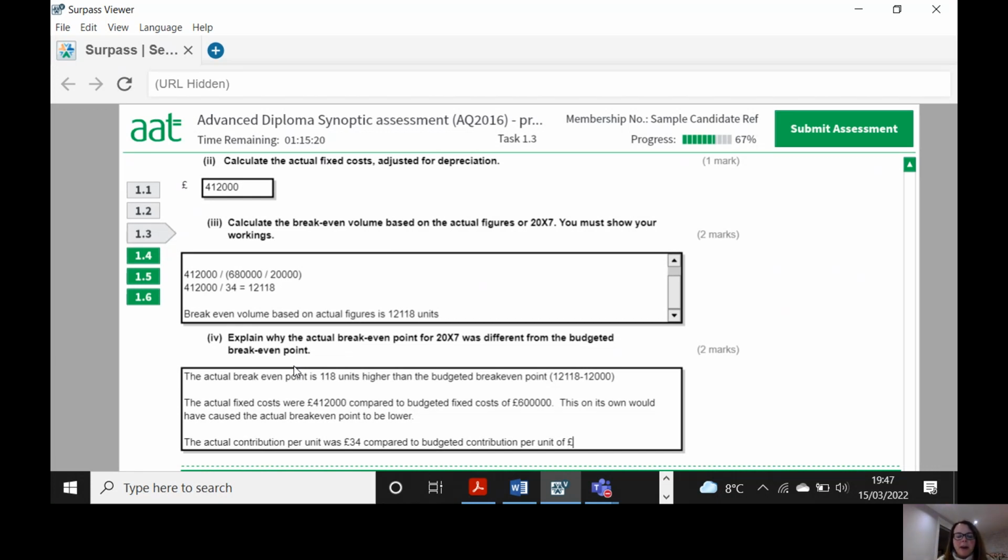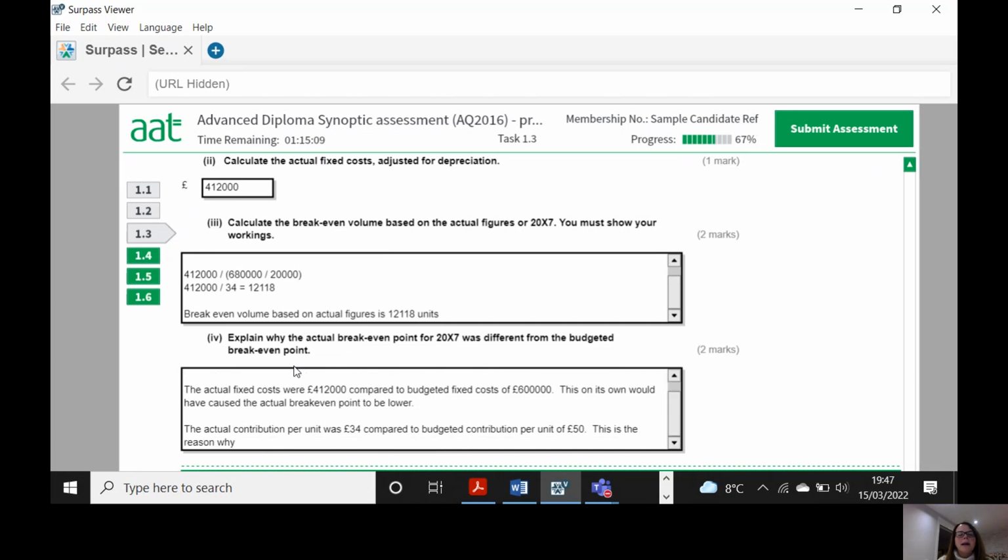So that's £50. This is the only reason actually, this is the reason why the break-even point is actually higher.